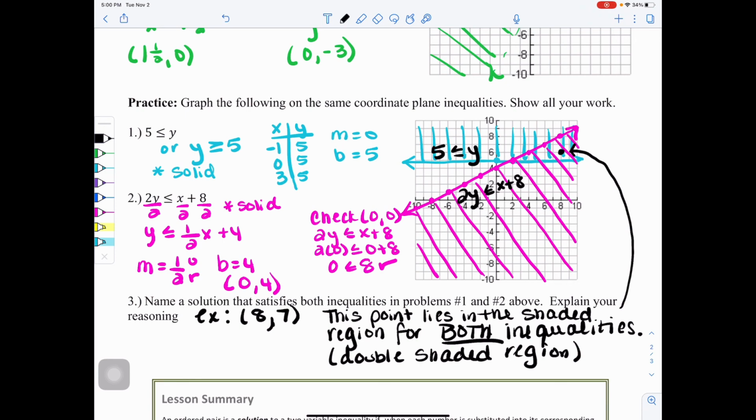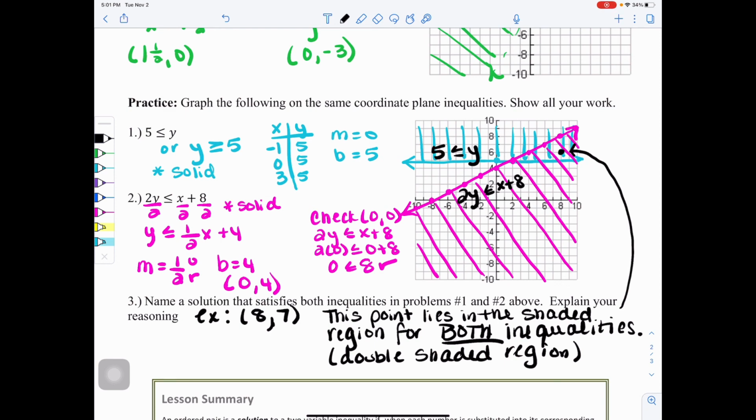And my y-intercept b is 4, which means the first coordinate I'm going to plot is 0, 4. It is going to be a solid line because, again, it was or equal to. For this one, I checked a point, 0, 0, to see where I should shade. When I check 0, 0, it is a true statement. 0 is less than or equal to 8. So I make sure I shade towards 0, 0 again and label my inequality.